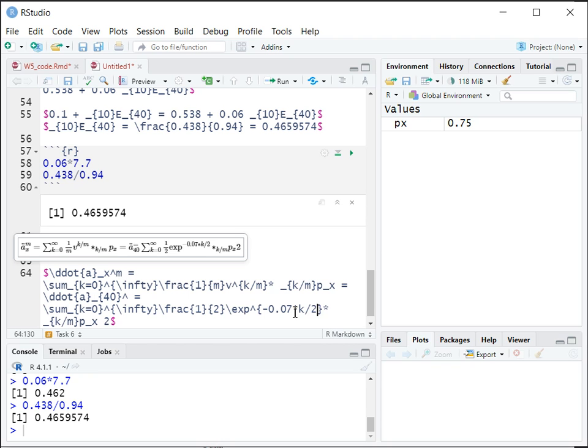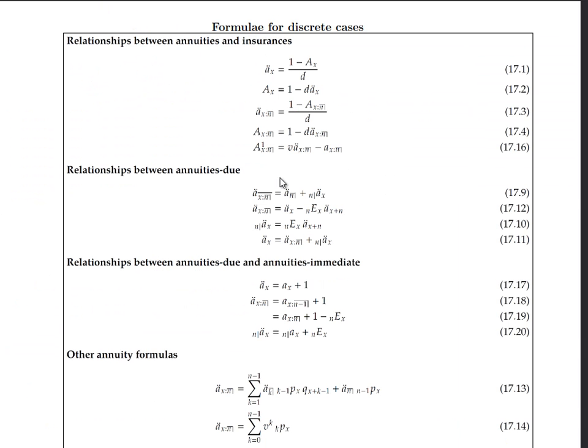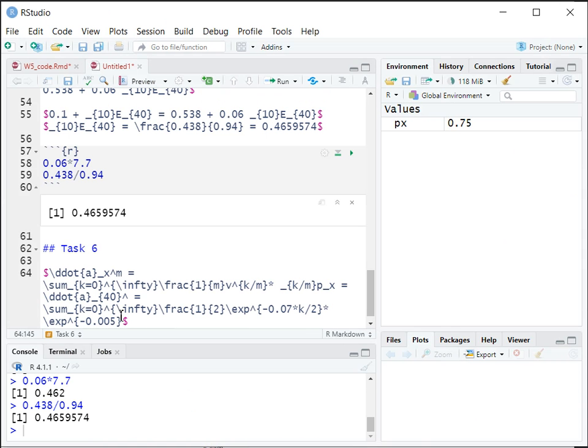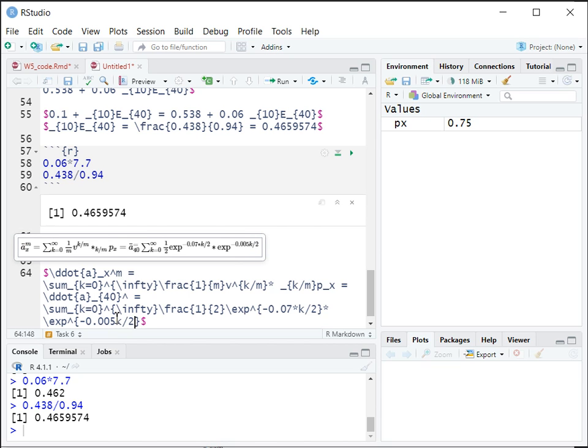And next, this value will be exponent to the power of minus 0.005, which is given again in our task for practice 6, this value, if t is more than 0, that means here we place k again over 2.